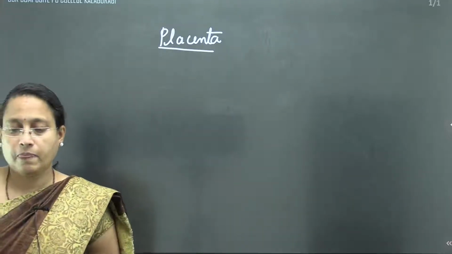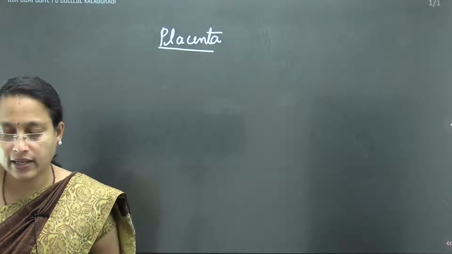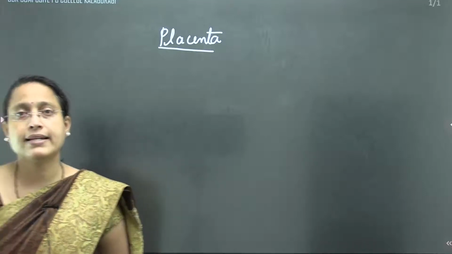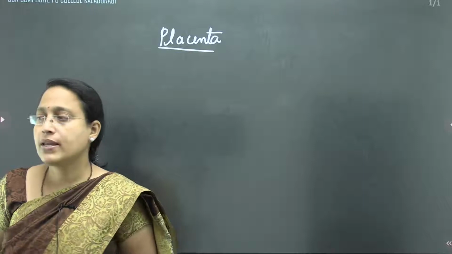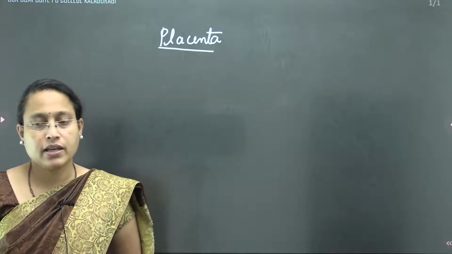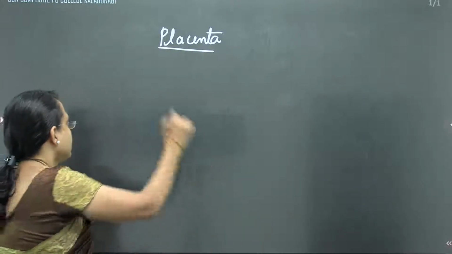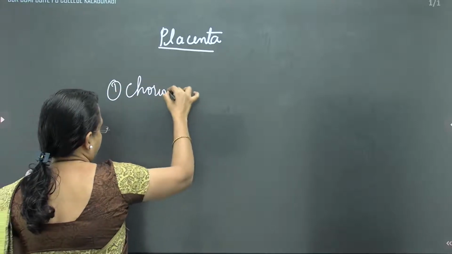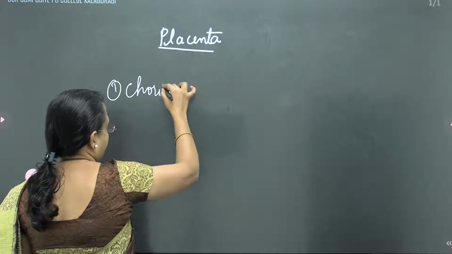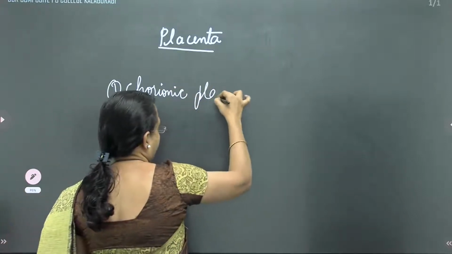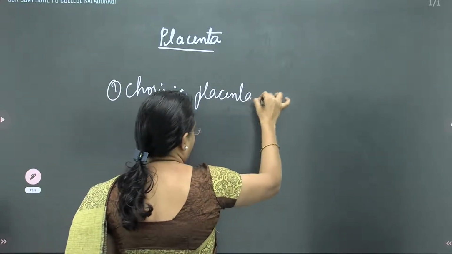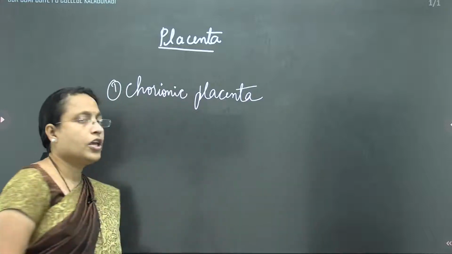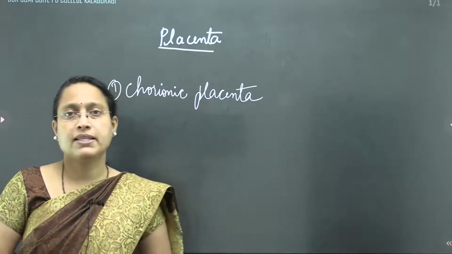Now, there are different ways in which the placenta is described. The human placenta can be called chorionic placenta.